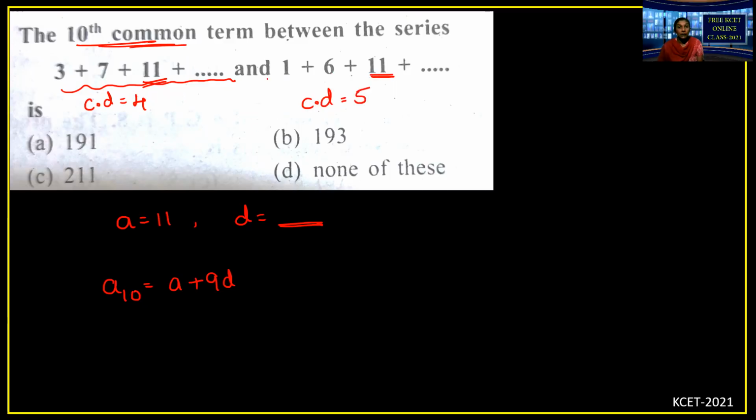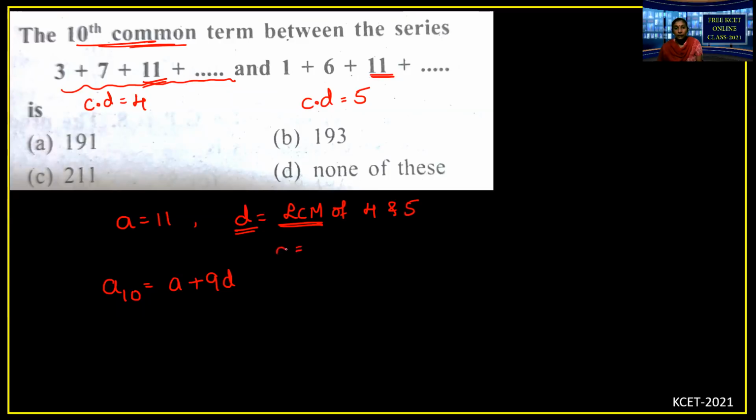Now I want to calculate the common difference of the common terms. If we need the sequence of common terms, then we need the LCM of the common difference of the first sequence and the common difference of the second sequence.